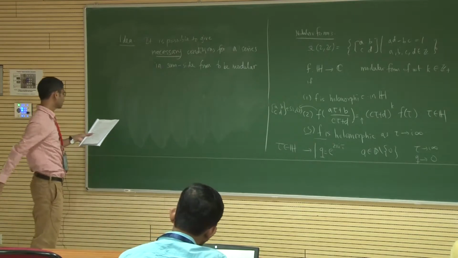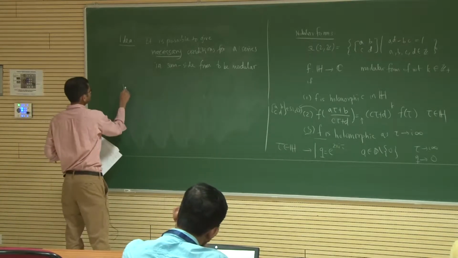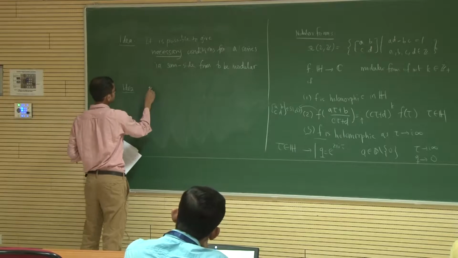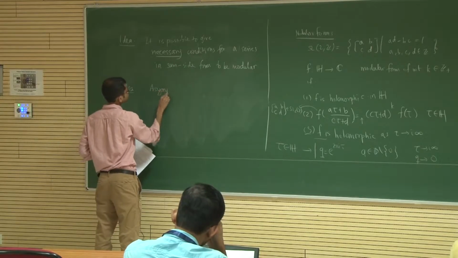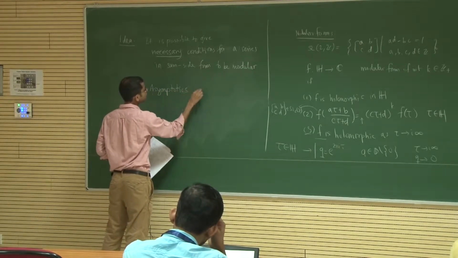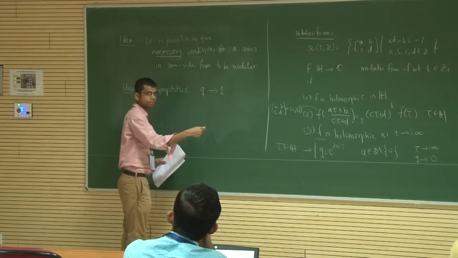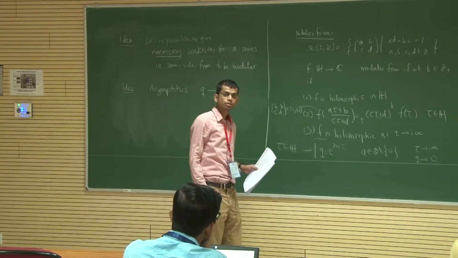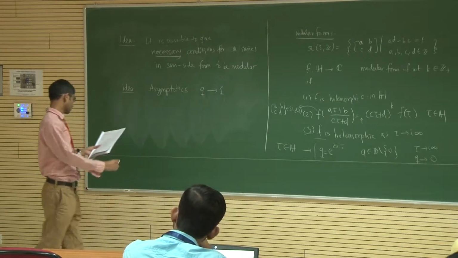You can get necessary conditions very easily, and the main idea behind these is calculating the asymptotics. So, precisely figuring out what happens as q goes to a root of unity, in particular q going to 1.